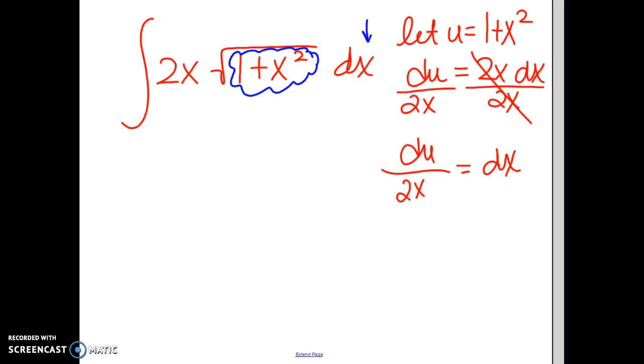Now I'm going to substitute some things. An integral of 2x times the square root of u, and instead of dx, du over 2x. What does that do for me?